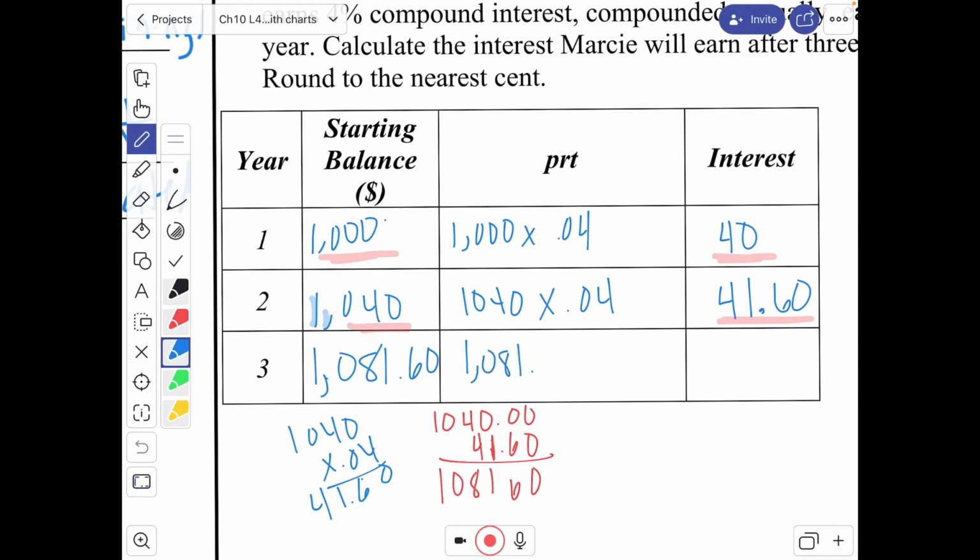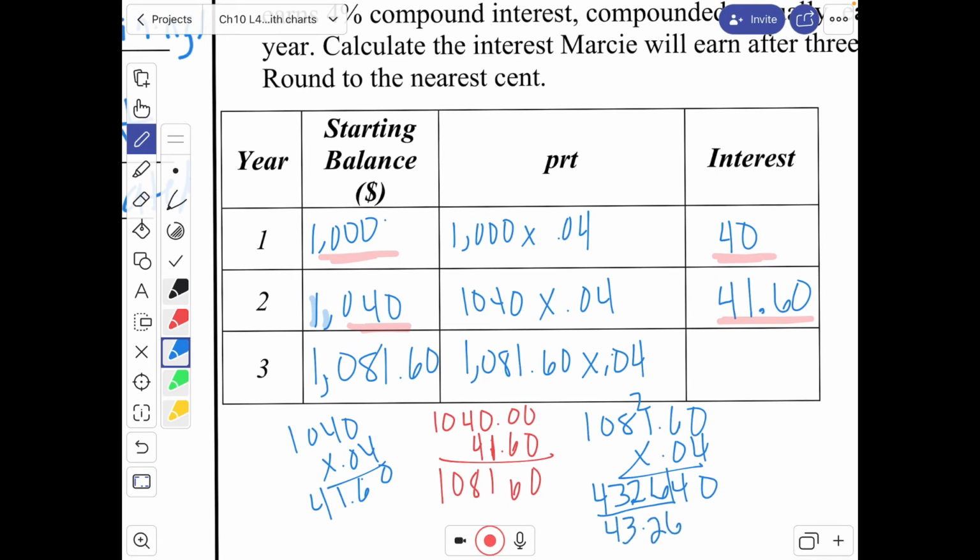Then we multiply that times her rate to figure out the third year. This time the decimal has to move over 4 spots, so we're going to need to round that to $43.26.